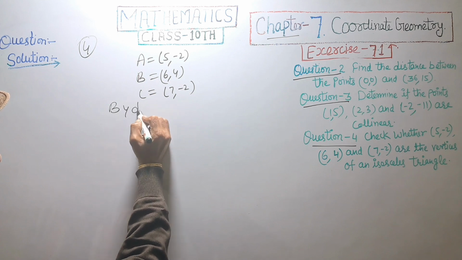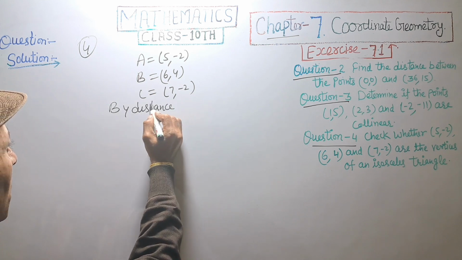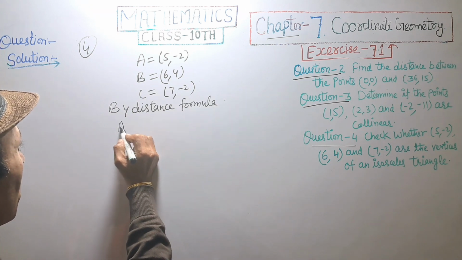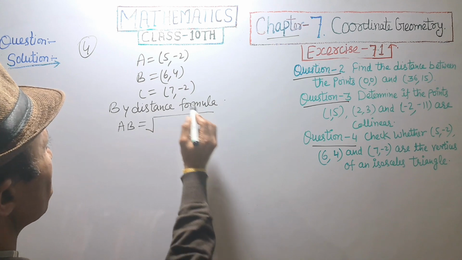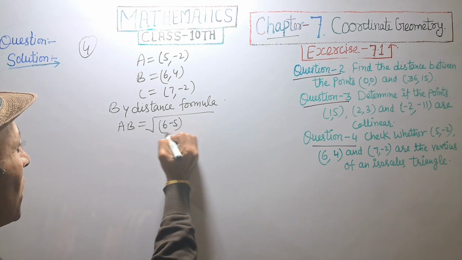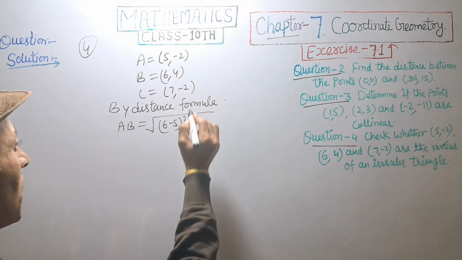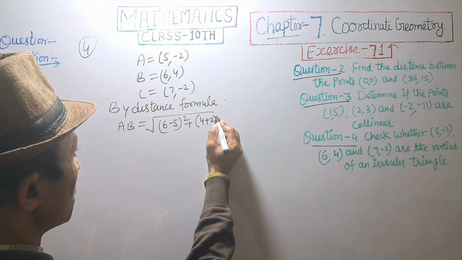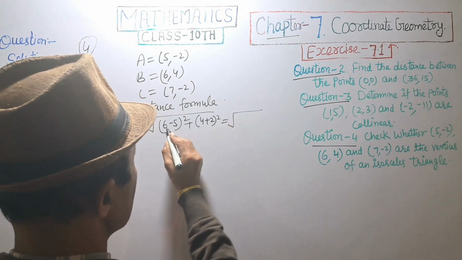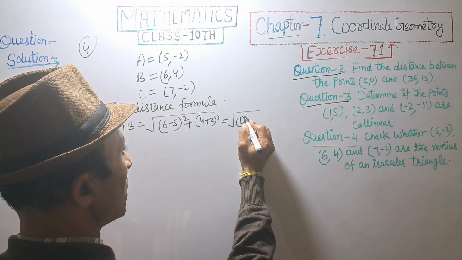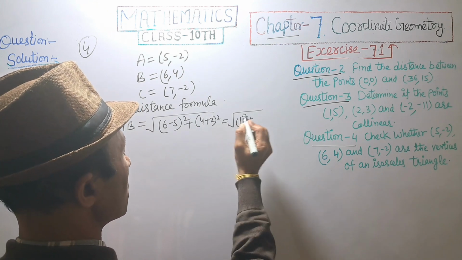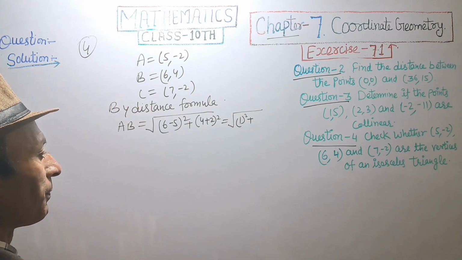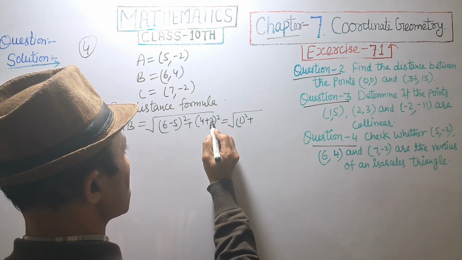By distance formula, AB is (6 minus 5) square, x2 minus x1 square, plus (4 plus 2) square. 6 minus 5 is 1 square, plus 4 plus 2 is 6 square.